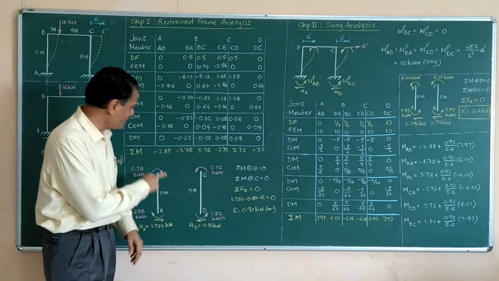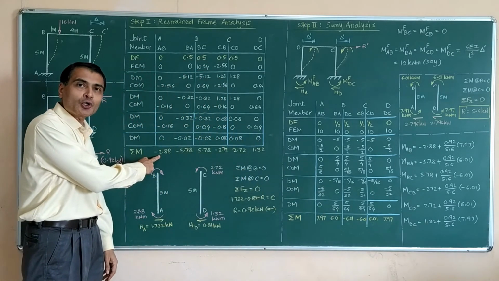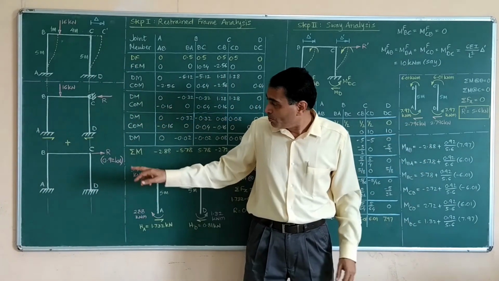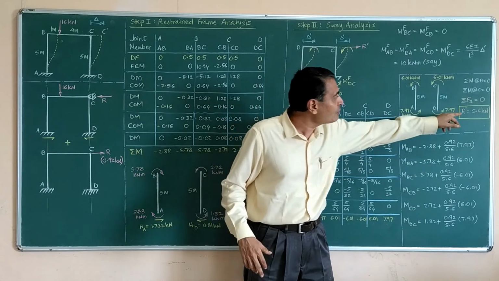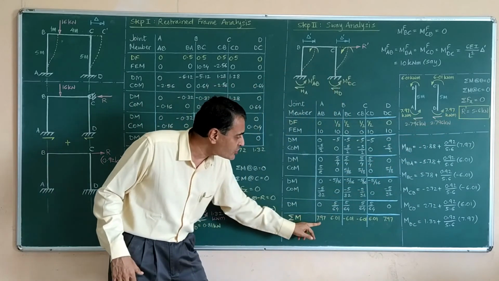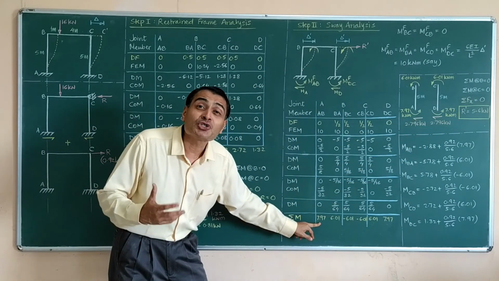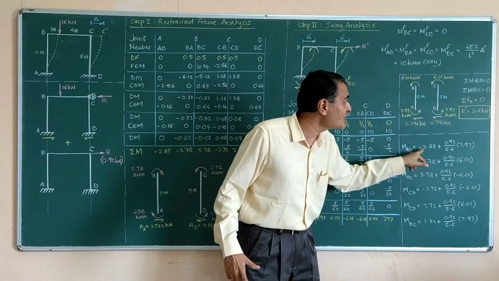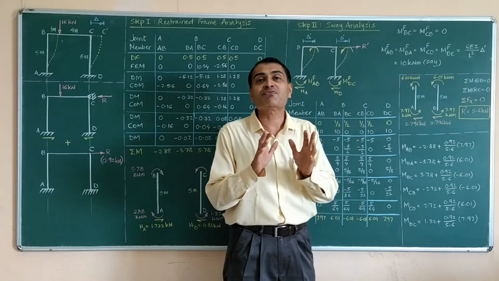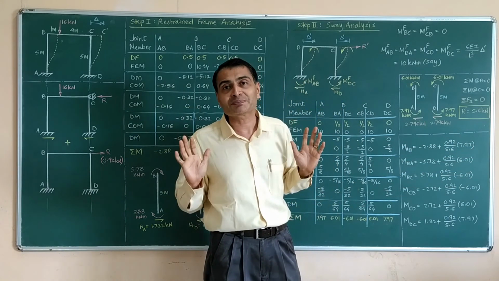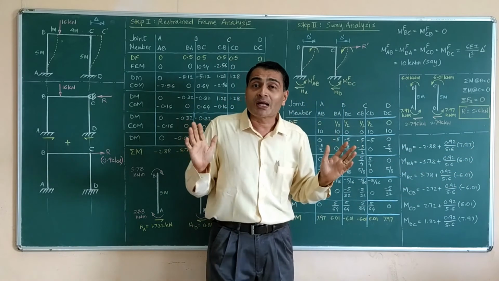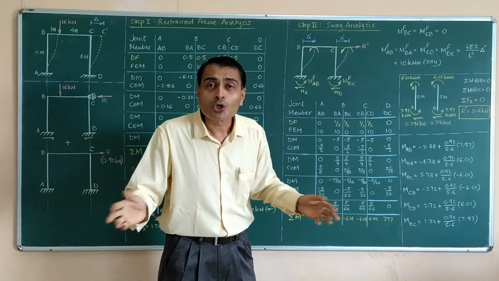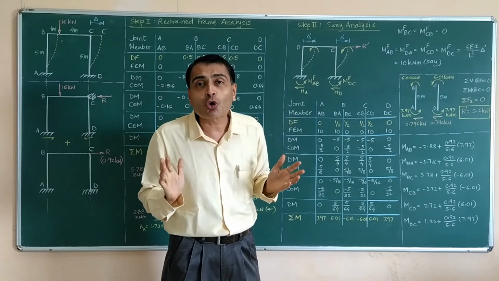So, minus 2.88 non-sway moment plus 0.92 upon 5.6 into 7.97 sway moment, non-sway analysis plus sway analysis, this is giving me my final answer. Well, I have not calculated that final answer. That you can do. You can also generate BMD on your own.